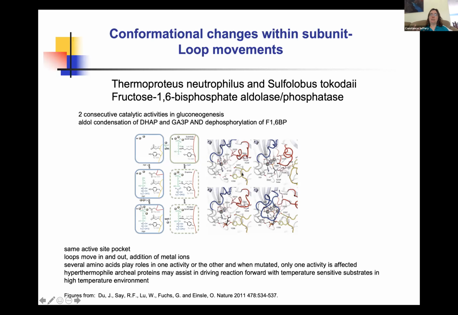These loop changes bring in different catalytic amino acids at different times so that you can have different arrangements in the active site. And it also affects binding of metal ions that play a role in catalysis. So in this protein, again, the overall tertiary or quaternary structure doesn't change, just localized regions in the active site.